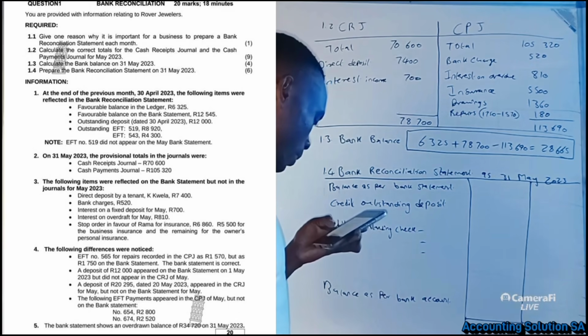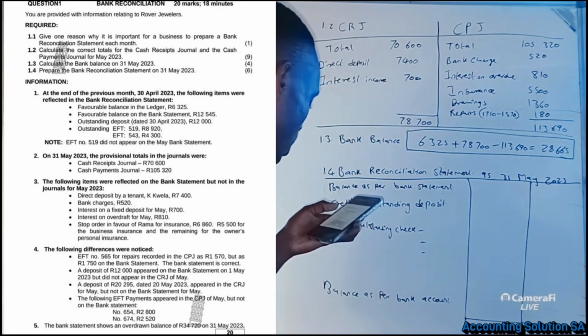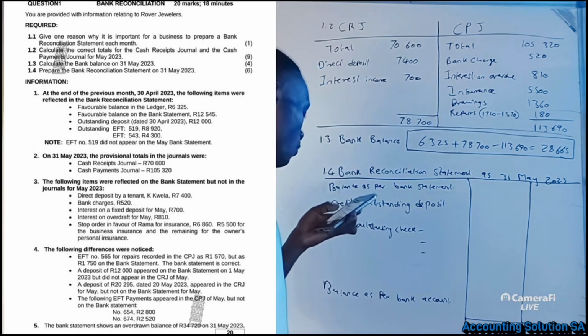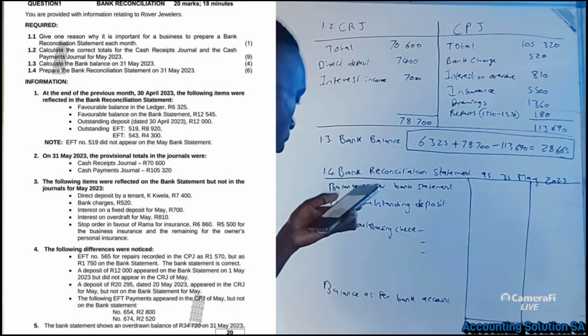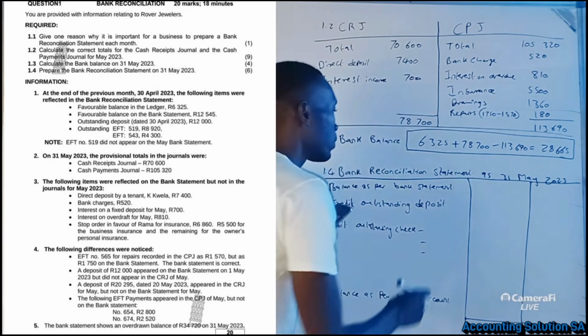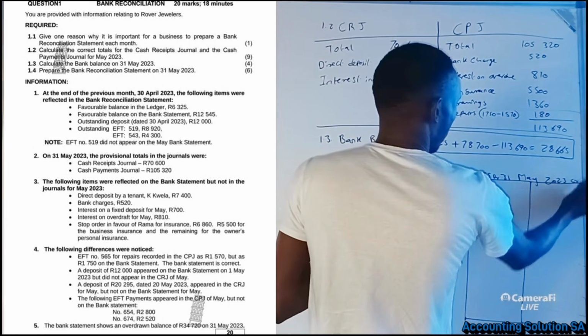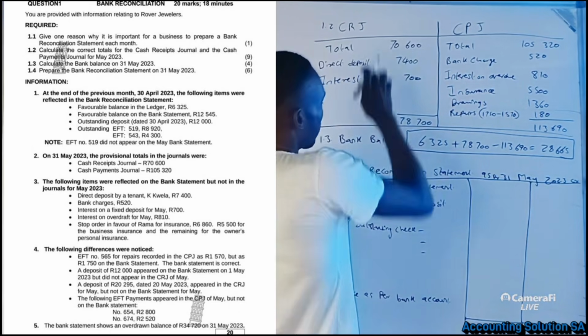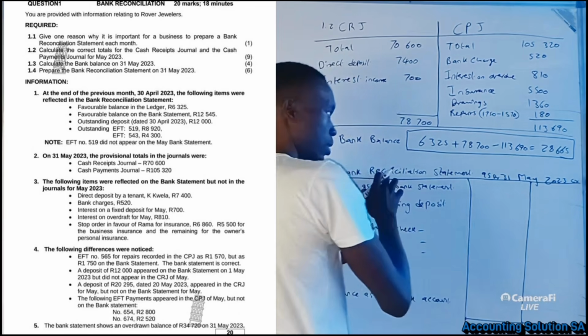All right, now let's start with balance as per bank statement. The last one, number 5, they said the bank statement show an overdrawn balance of 34,720. If it's overdrawn, it comes on the debit side. Remember, cash receipt is recorded on the credit side when it comes to reconciliation.